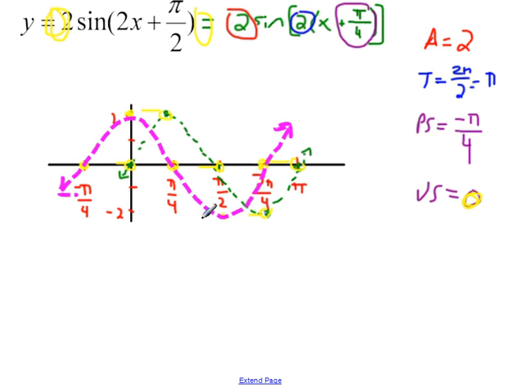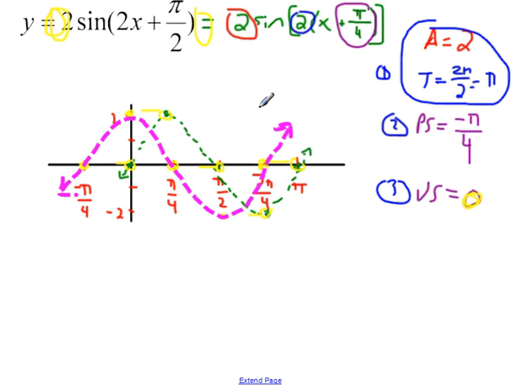So that's what we're doing with phase shifts and vertical shifts. And in this case, we plotted our base graph. So we plotted essentially these two values first. So they go first. This one we would plot second, and then if there's a phase shift, it goes third. That's the steps for graphing.